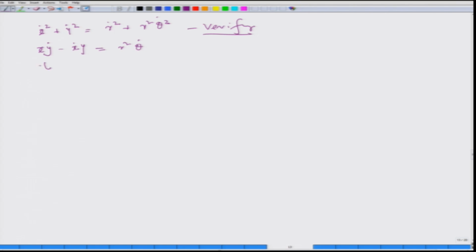Now, what is t? t equal to pi s, this is a translation we have made, L gamma.